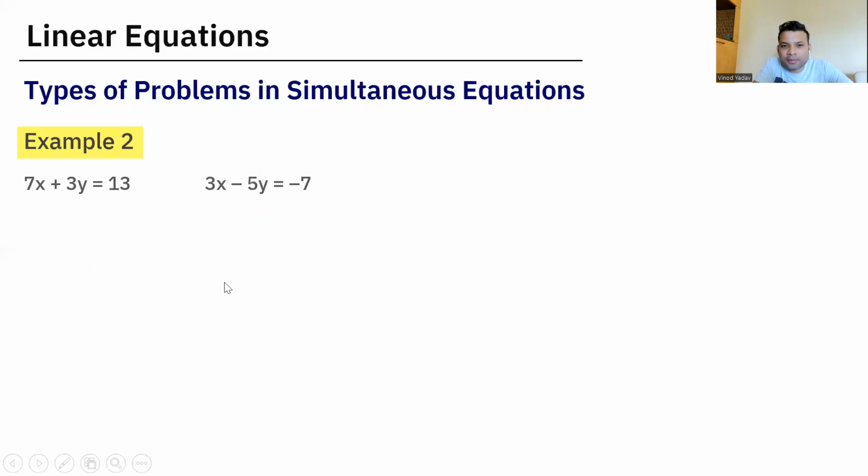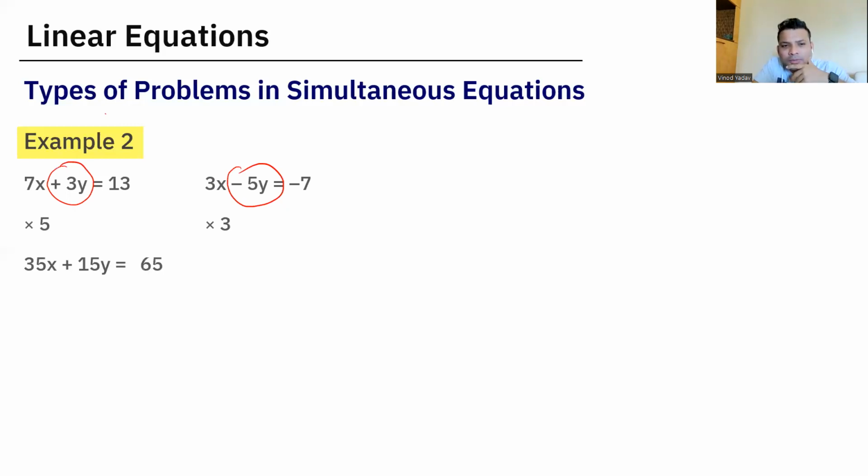Next, see this now. No coefficients are same, so you try to make them same. How? By suitable multiplication. So if I multiply the first equation by 5, the second equation by 3, so what will happen? Can you visualize? This will become 15y, this will also become minus 15y. So then I can add them up so that y gets eliminated. After solving, I'll get x, resubstitute x in any one of these two equations, get y. Get it?